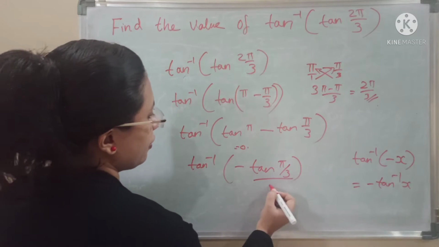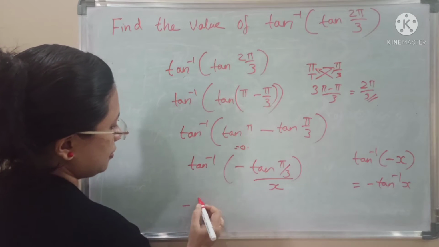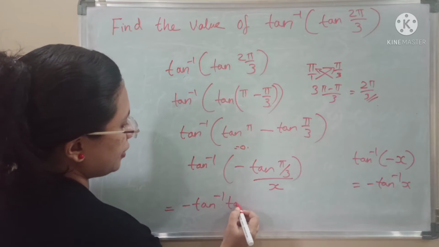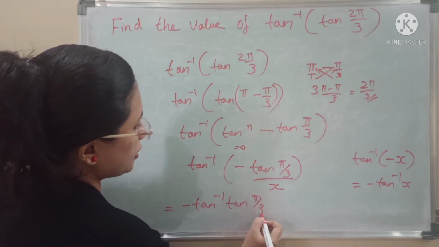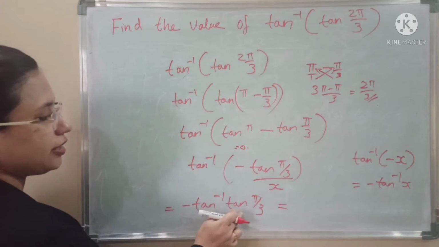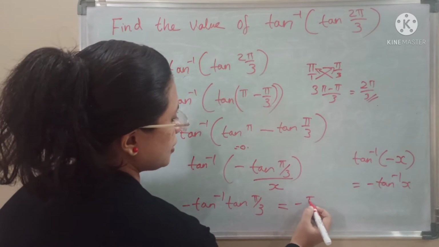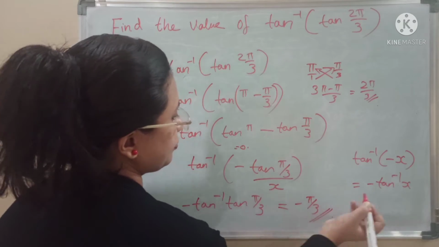So this will be our x. So minus tan inverse tan pi by 3 we get. So tan inverse tan will be cancelled. So the answer is pi by 3.